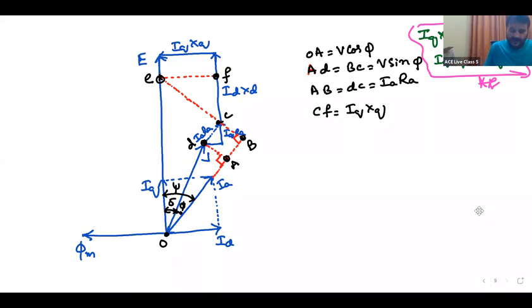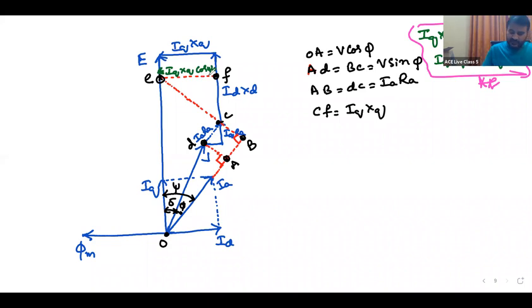Now coming to the important thing, I_q X_q is equal to I_a X_q cos psi.